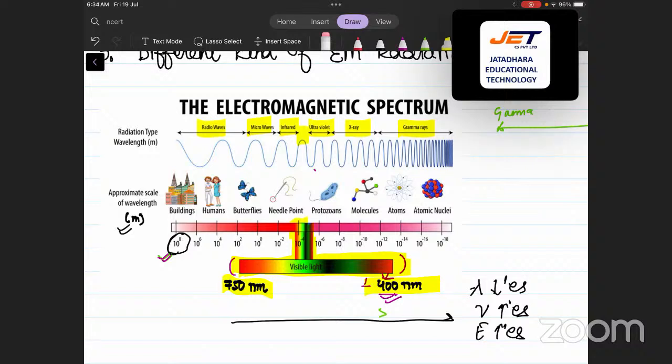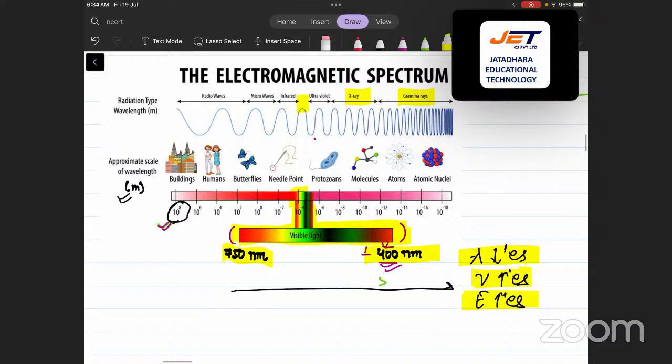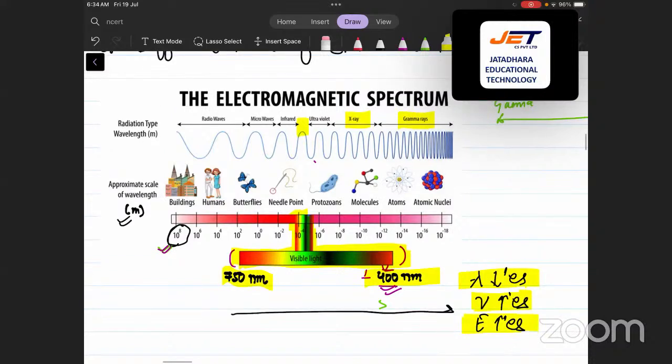So what is happening here is that as I am moving from radio to gamma rays, the length of the wave is decreasing. So the wavelength is decreasing and the frequency is increasing. Later on we'll see how Planck related this energy with the frequency. Right now you must know that the energy is increasing as we move from radio to gamma radiation.